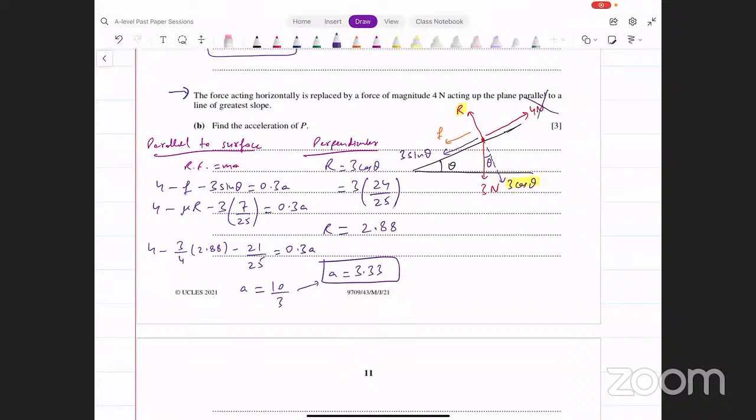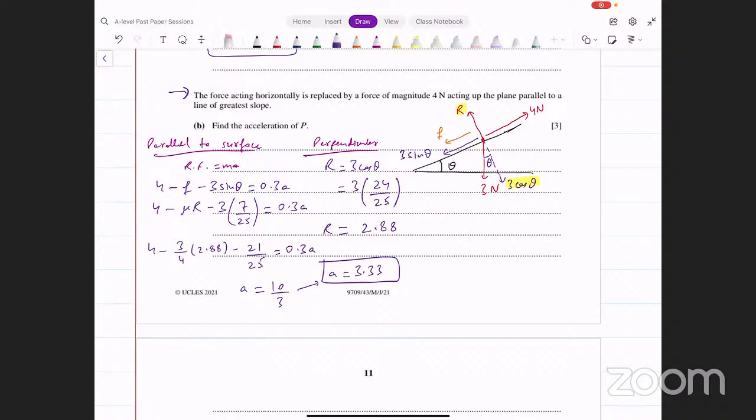R की वैल्यू तो वही रहेगी, परपेंडिकुलर फोर्सेस तो वही हैं, तो R is still 2.88. लेकिन ये न्यूटन्स लॉ जब हमने यहाँ पे अप्लाई किया था, अब इसमें से ये जो 4 फॉरवर्ड फोर्स थी ये खत्म हो गई. तो अब आपकी एक्सेलरेशन चेंज हो जाएगी. Of course, what is that new acceleration? You've got to figure that out. एक्सेलरेशन पहले फिगर आउट करनी पड़ेगी.